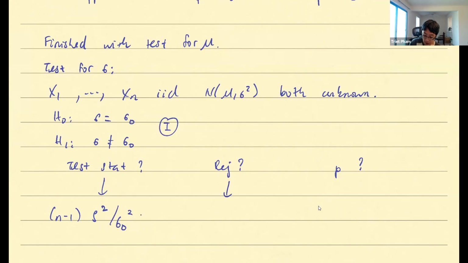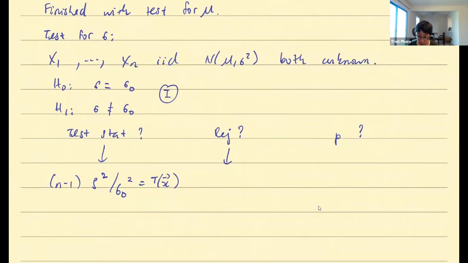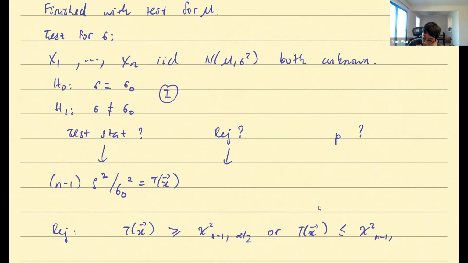So let's call this T of X. What's my rejection region? The rejection region is T of X bigger than or equal to chi-square n minus 1 alpha over 2, or... Do you agree?